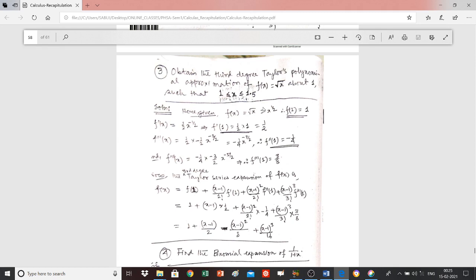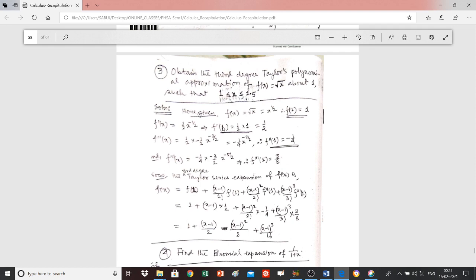Now you have to calculate f prime(1). Just calculate here. Sorry, f prime(x) is equal to half x to the minus half.